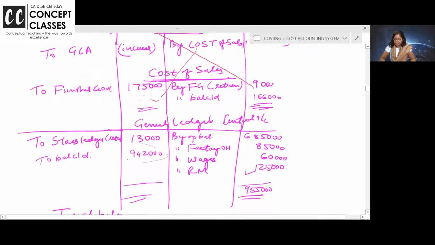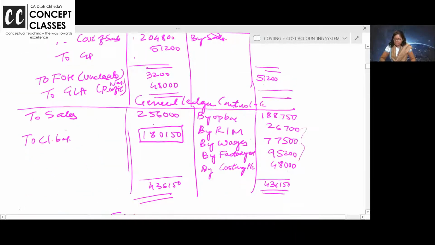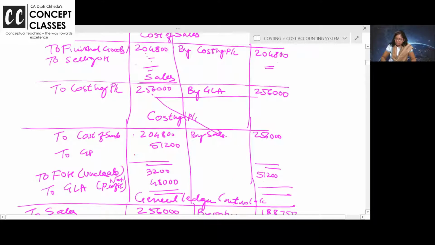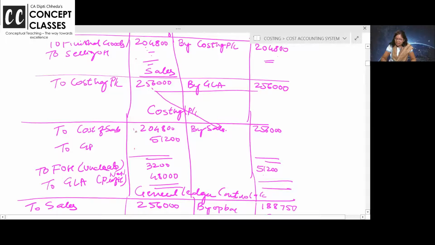I'll share with you the material. I was just seeing what happens after cost of sales. Yeah, cost of sales plus selling overhead, you are getting 2,04,800 which should go to costing P&L, and whatever goods you sell. What is the journal entry for sale? Party to sales. Here GLA to sales because data are not there. That sales you bring on the credit side.